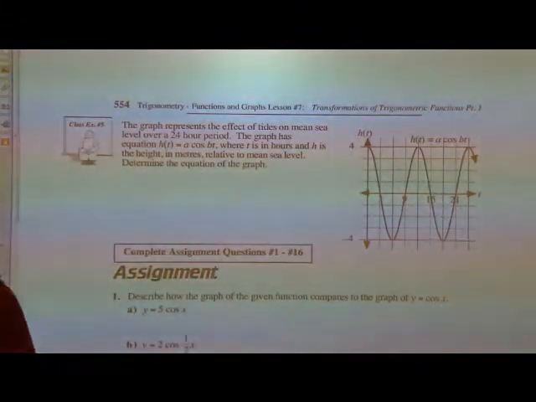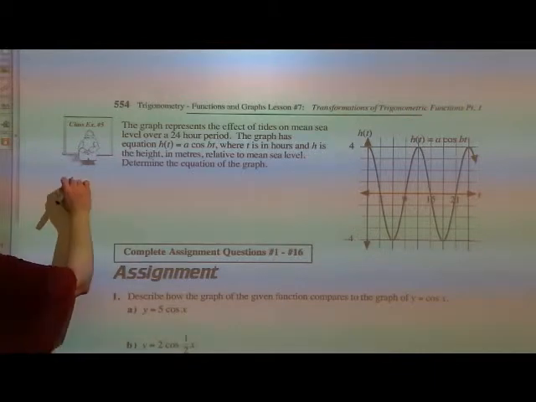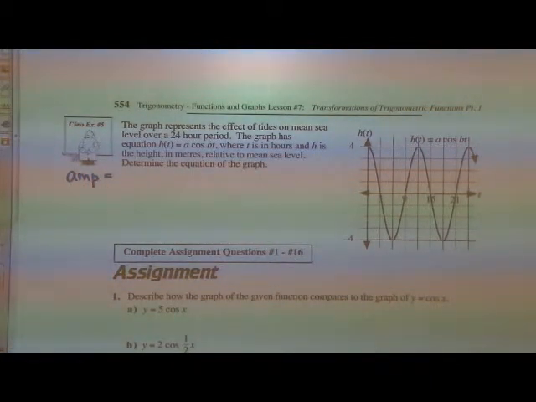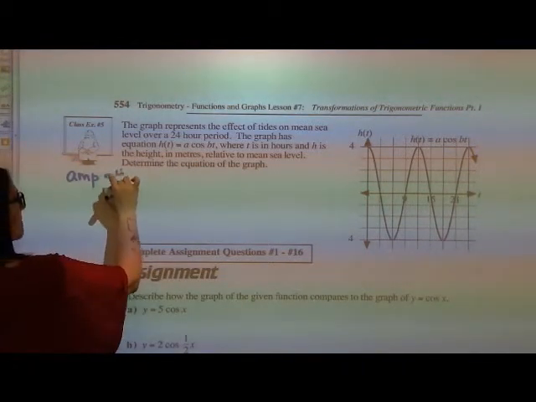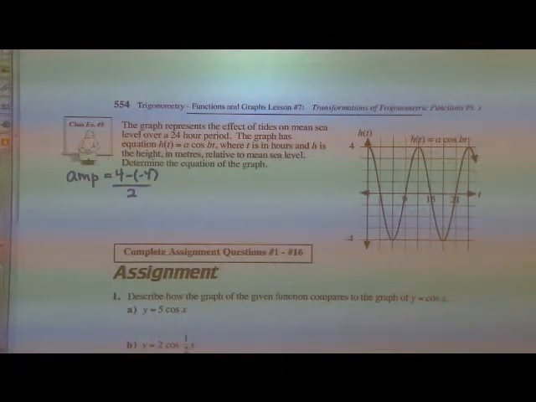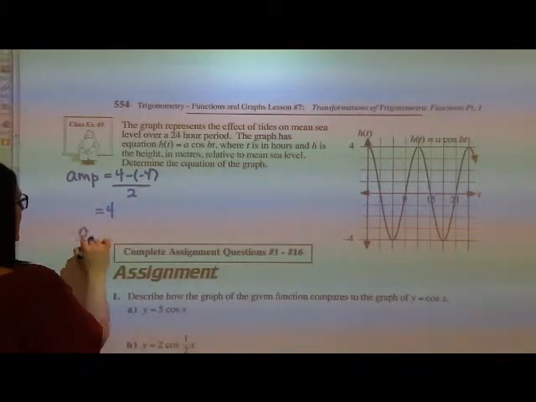So what do I need to do in order to determine the value of a? I have to find the amplitude. Max minus min divided by 2. What's the max? What's the min? So 4 minus negative 4 divided by 2 equals 4. So that's my a value.